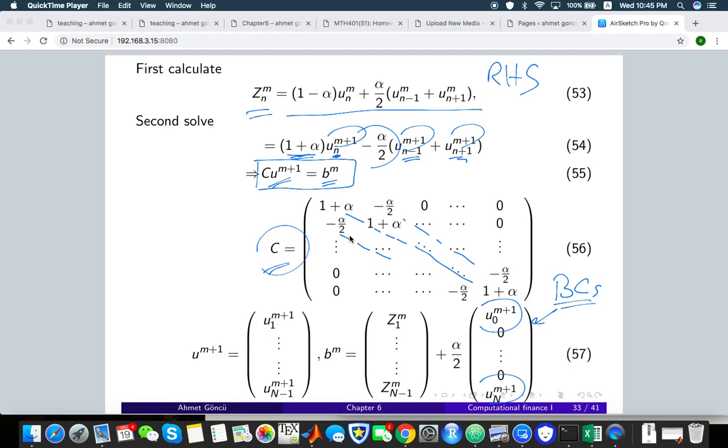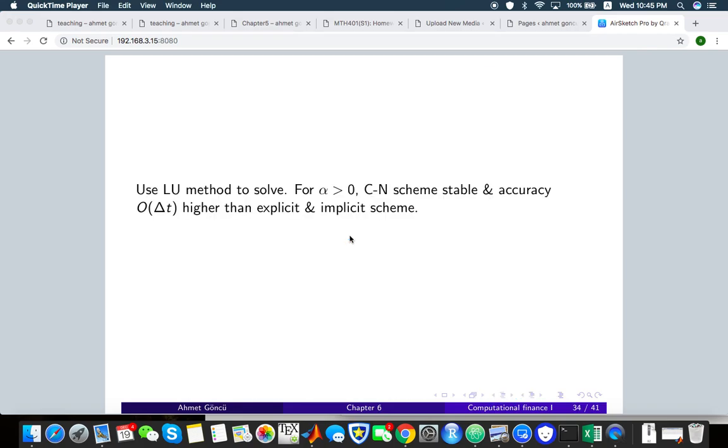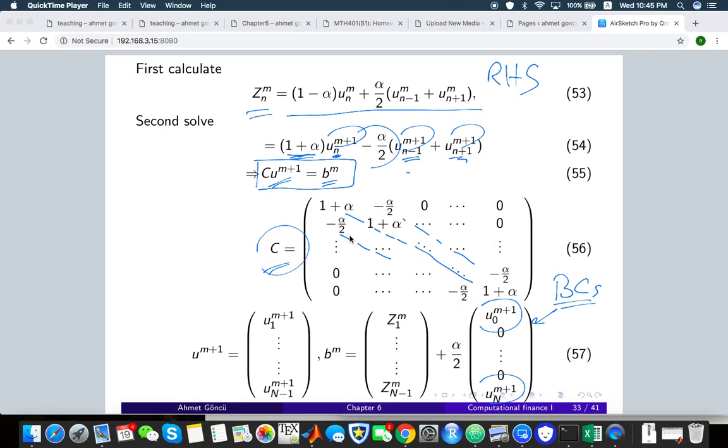Okay, so this completes the main representation, and basically we can solve again using the LU decomposition, because notice that everything is boiled down to this system of equations here. So we have a vector, and this matrix times the vector of unknowns, and you want to solve this equation for u^(n+1).